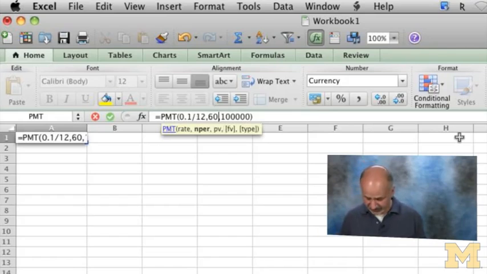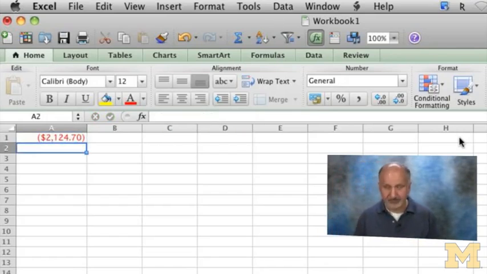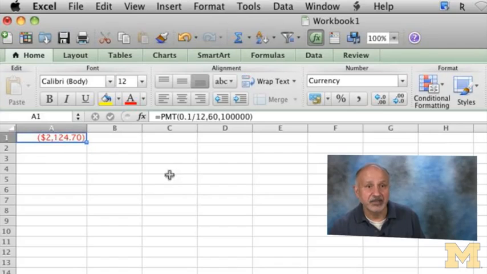Right? What is the $100,000? Hasn't changed. My payment amount is 2124. So I'm paying about $2,125 per month to repay the loan.